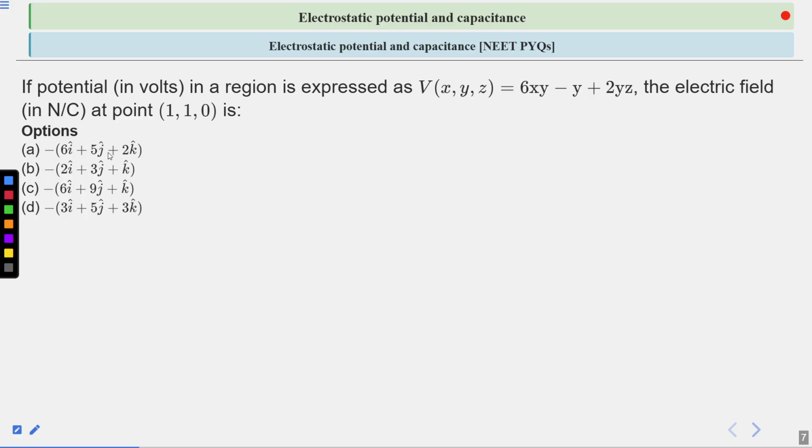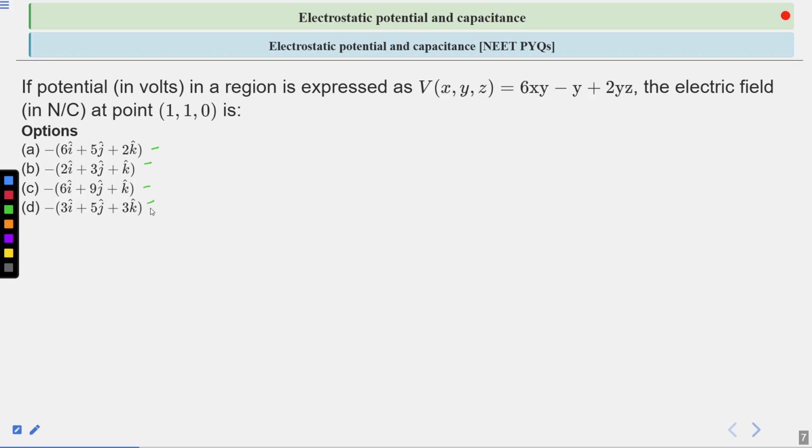The options are: minus in bracket 6 i cap plus 5 j cap plus 2 k cap; minus in bracket 2 i cap plus 3 j cap plus k cap; minus in bracket 6 i cap plus 9 j cap plus k cap; minus in bracket 3 i cap plus 5 j cap plus 3 k cap. These are the four options. I will give you some time. So how will you solve it? By using E equal to minus dV by dr, the relation between electric field and potential.